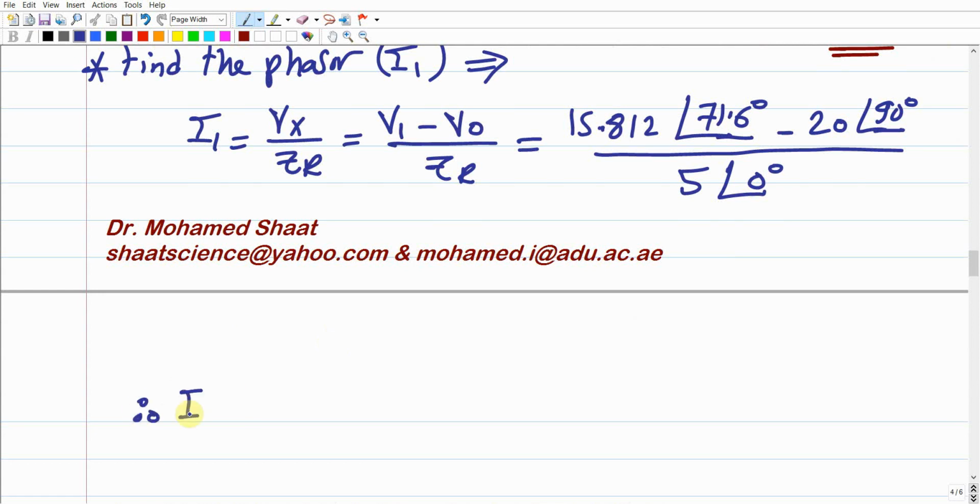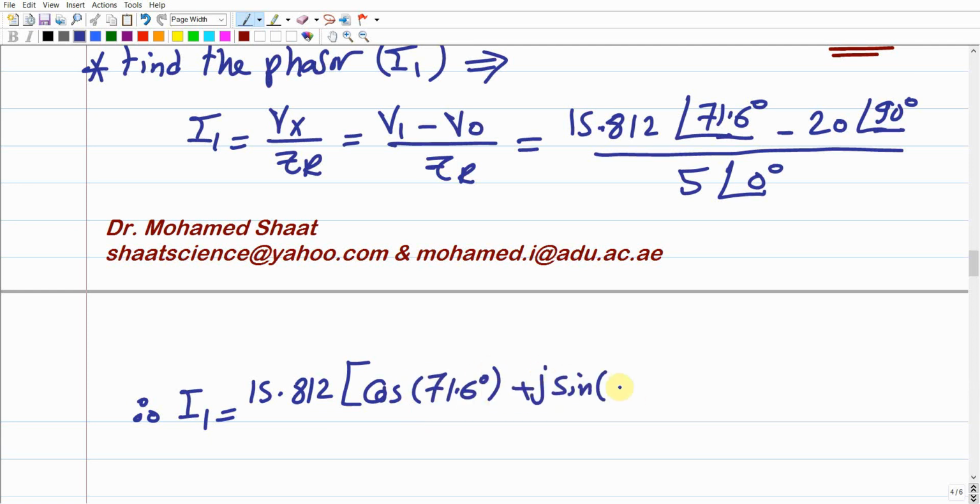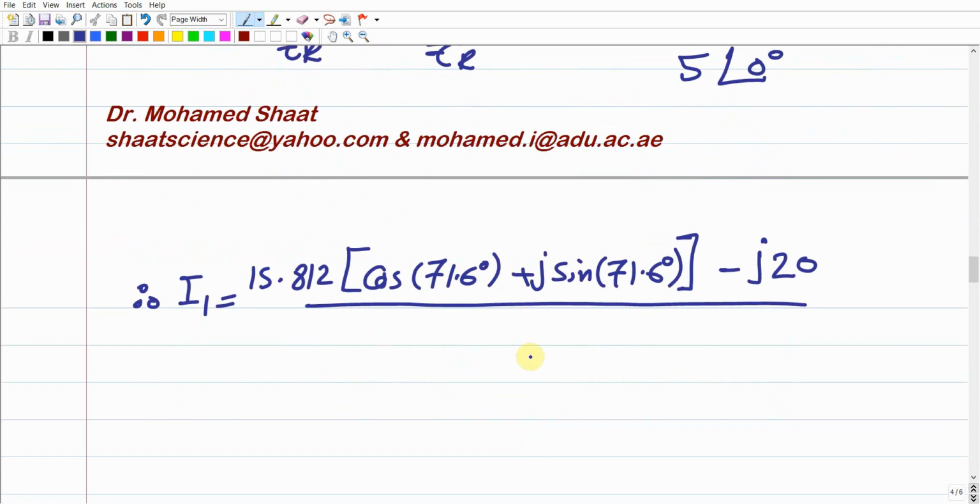So this is going to give us I1 equals. We have to convert to the rectangular form. This gives us 15.812 times the cosine of 71.6 degrees, plus j sine of 71.6 degrees. This is just the first term. Minus the rectangular form of the angle 90, which is very simple, directly j20, divided by the denominator, which is just 5.